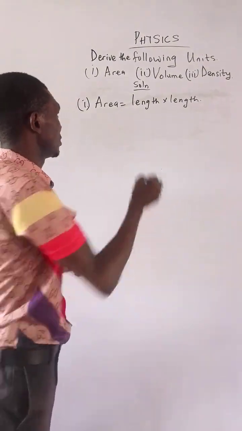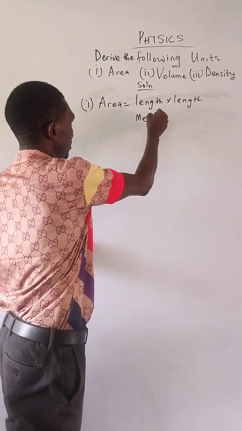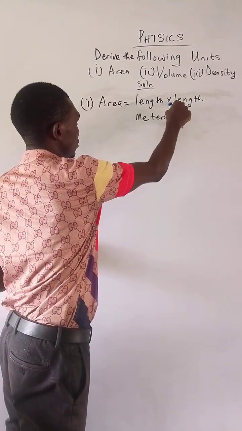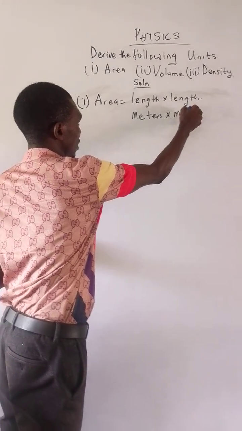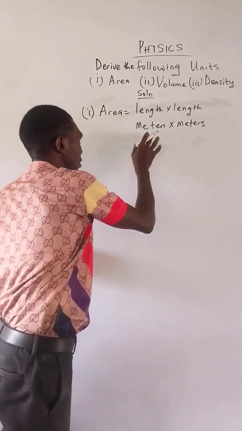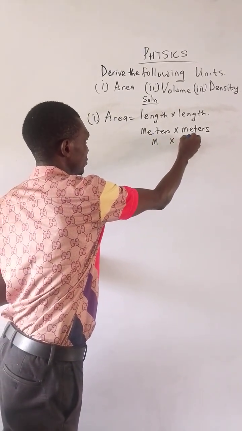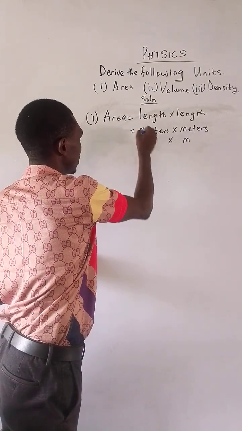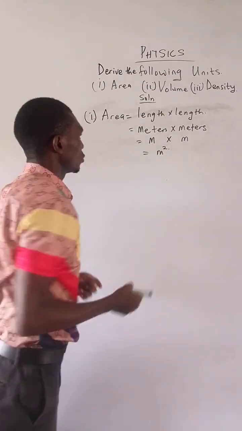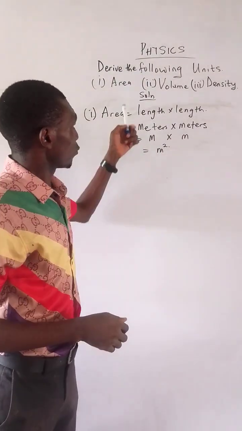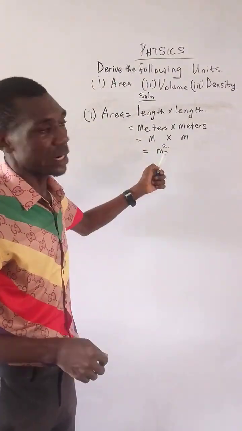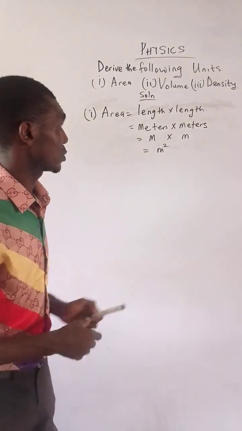The unit of length, which we know, is given as meters. The unit of length also is given as meters. Now, the abbreviation for meter here is m, m times m, and is given as m squared. So the unit of area, the derived unit of area, is m squared, which is meters squared.